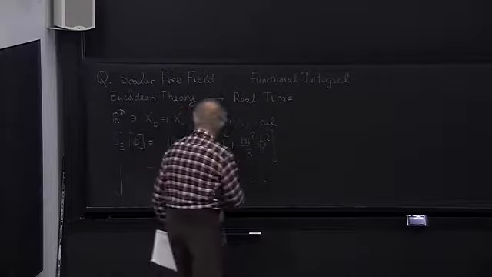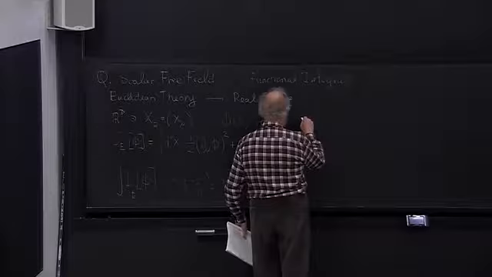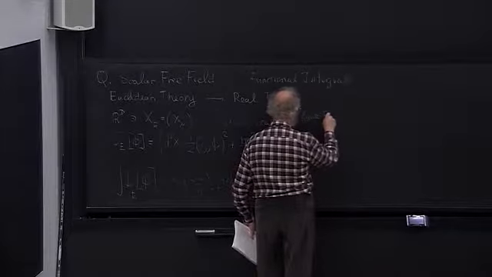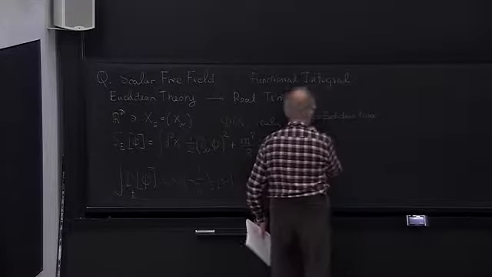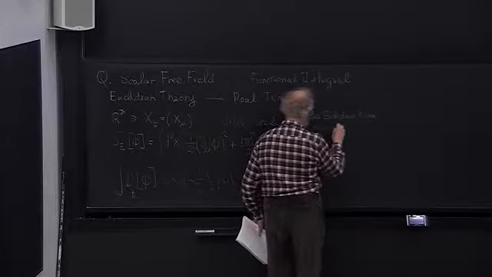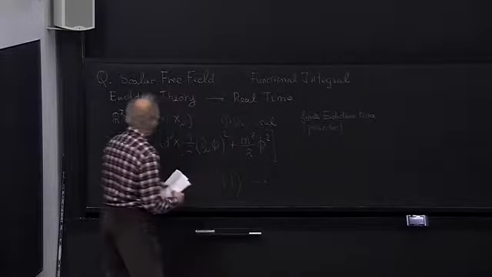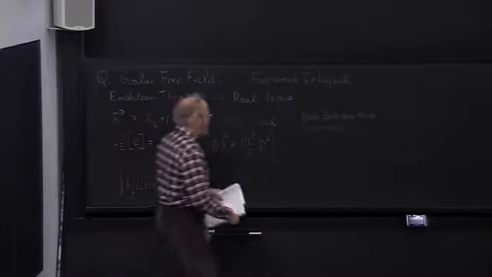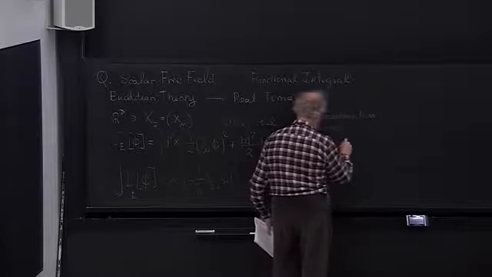So I'm going to introduce first a finite Euclidean time and periodic, both for simplicity and because it corresponds to studying the quantum scalar field at finite temperature. And I'm going to introduce a finite space.